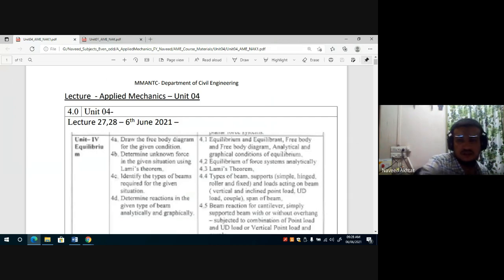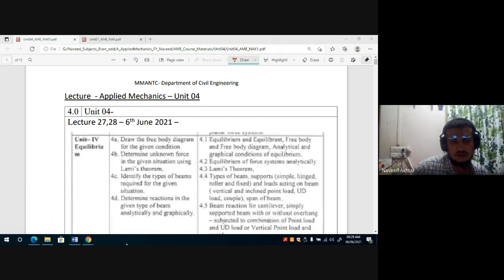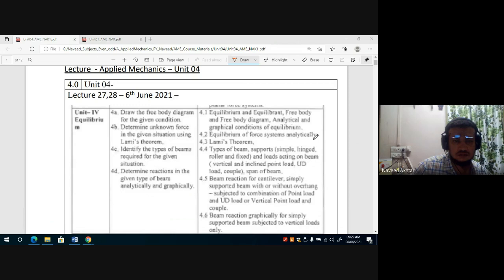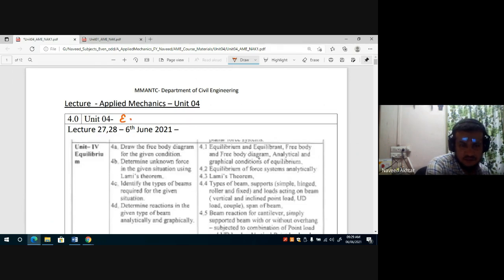Unit number 4 is nothing but on the equilibrium and the beam. So unit number 4 is for equilibrium.